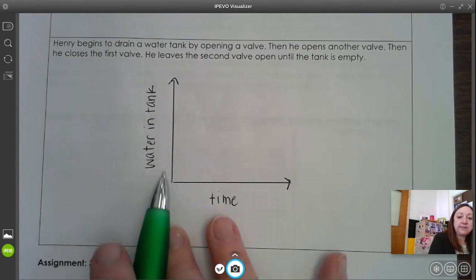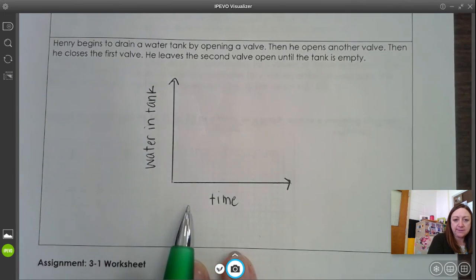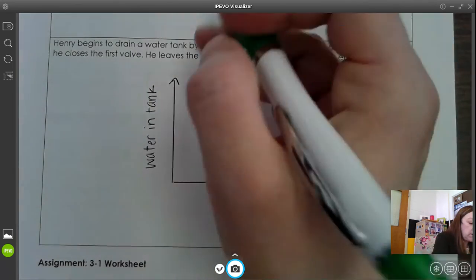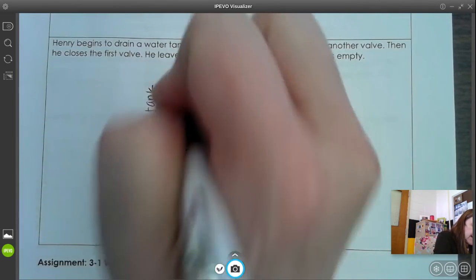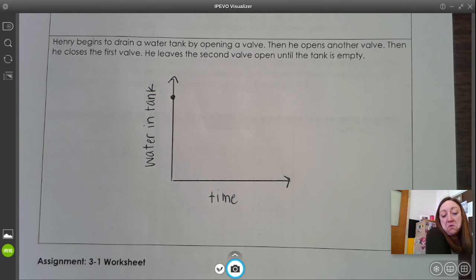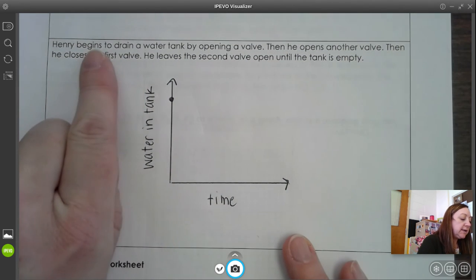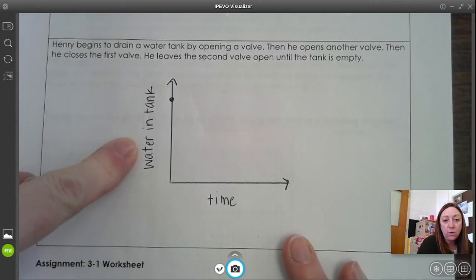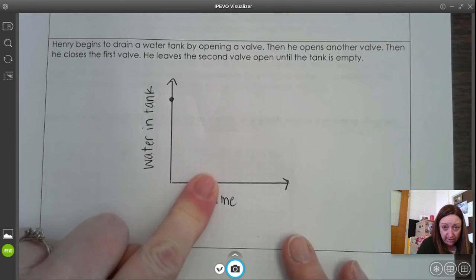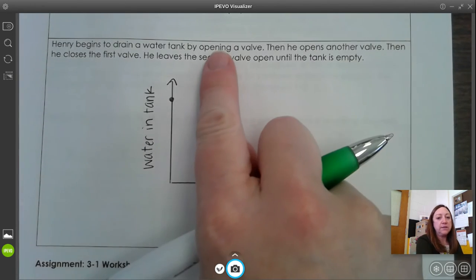Okay, so the start is going to be along the y-axis here. I don't know how much water is in the tank, but I'm just going to put a dot up here somewhere to start with, how much he has to start with. Okay, so he begins to drain it. So the amount of water in the tank is going to go down, right? So he opens one valve.